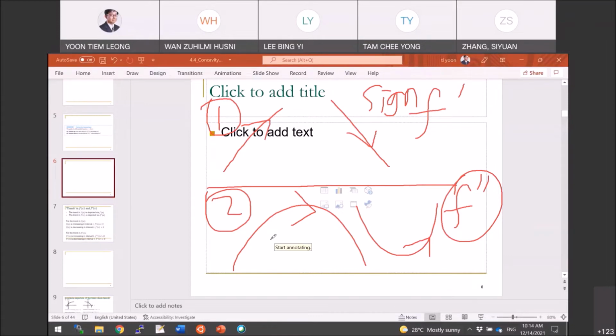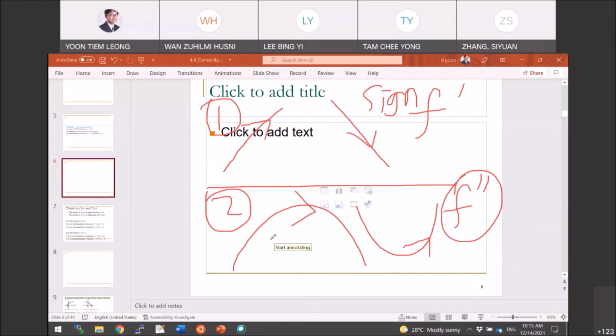Now, this is very similar to the case of velocity and acceleration. If you look at the sign of velocity, if it's positive, it means it's moving to the right-hand side. If it's negative, it means it's moving to the opposite side. Acceleration is just the second derivative of the position.